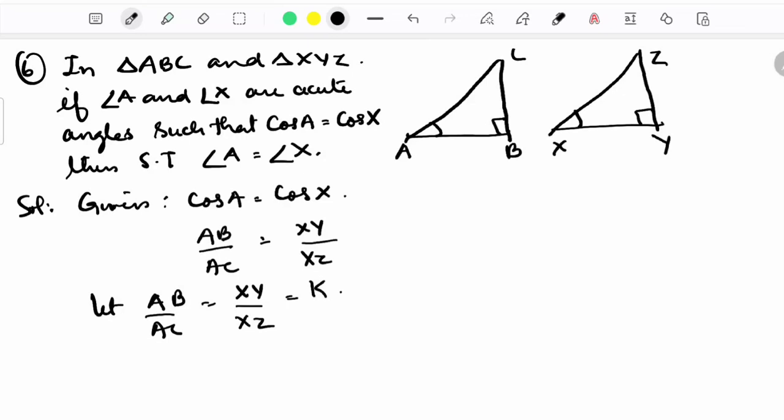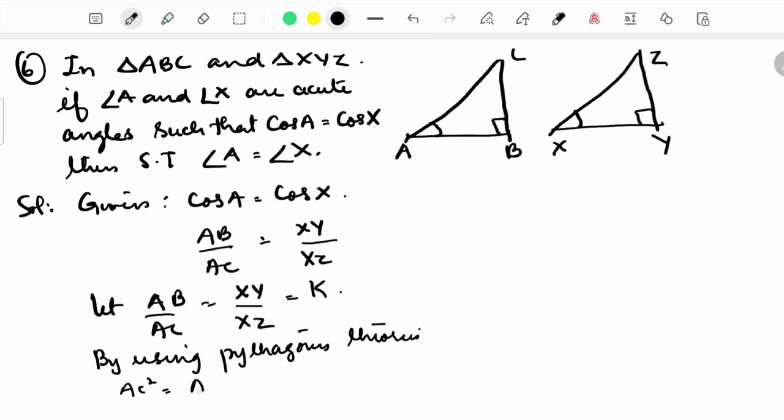Now by using Pythagoras theorem, we have AC square will be equal to AB square plus BC square, and XZ square will be equal to XY square plus YZ square.